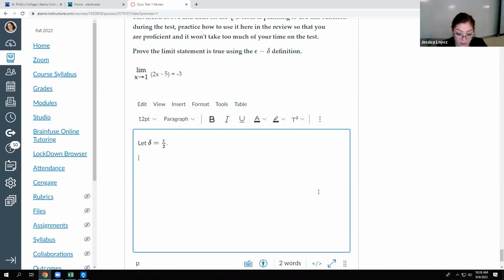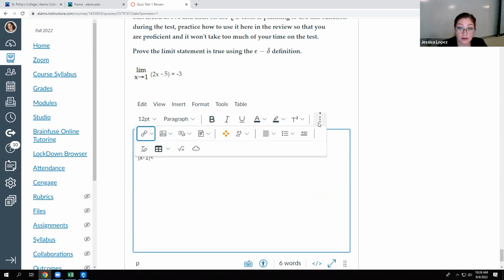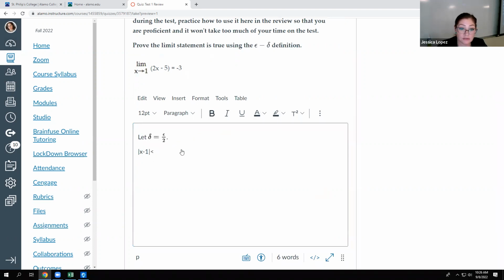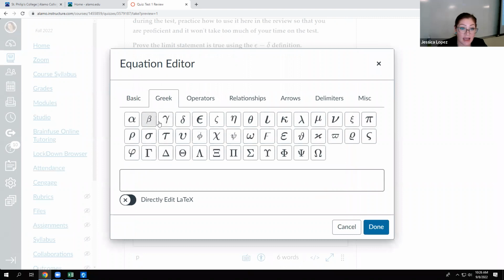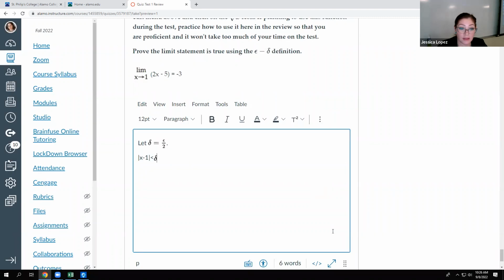Then it opens up a bar. x minus 1, close it. And then my less than symbol, and I'm going to need another delta, because I have to start with that. So I have to start with this. And then from here, I'm supposed to show that somehow that turns into absolute value of f of x minus L less than epsilon, okay?